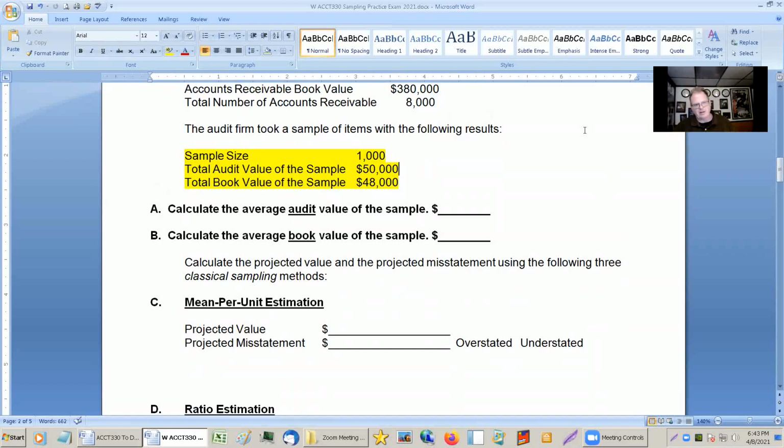If the sample size was 1,000, the total audit value of the sample was 50,000. Let's divide them. $50. And you can do the same thing down here.